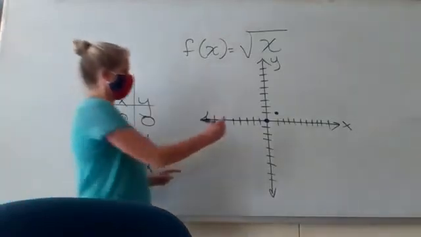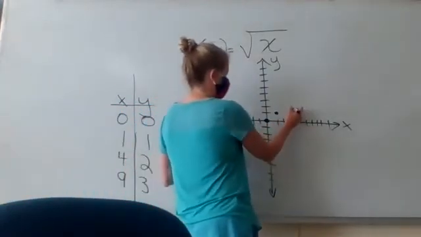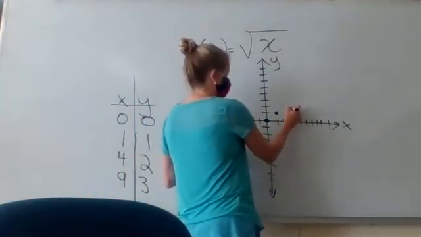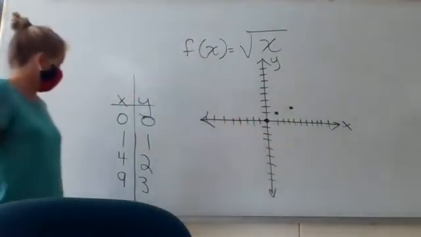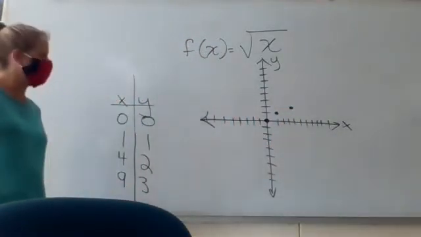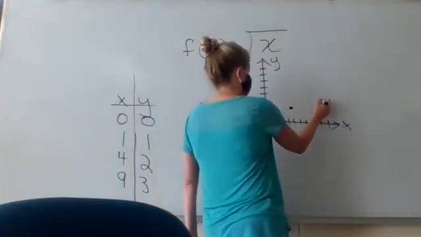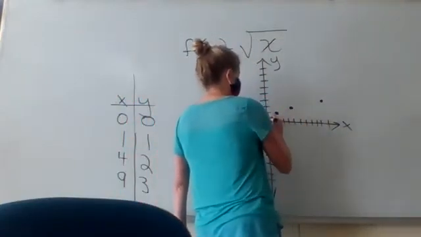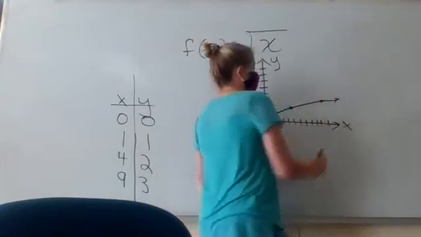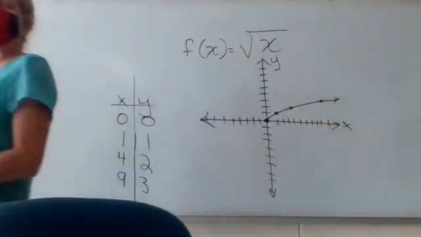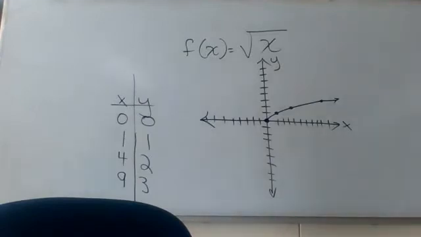For this point, so to the right, 1, 2, 3, 4, up 2. And then the last point I'm going to plot is 9, 3. So to the right, 9, and then up, 1, 2, 3. So there is what your square root function looks like on the graph.